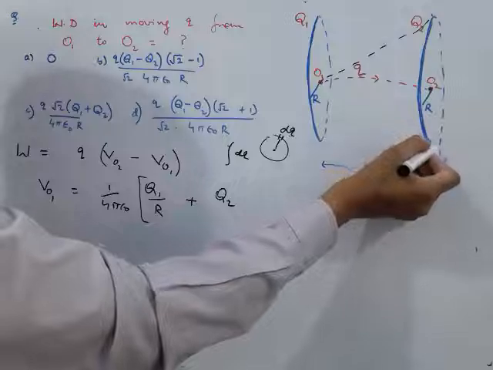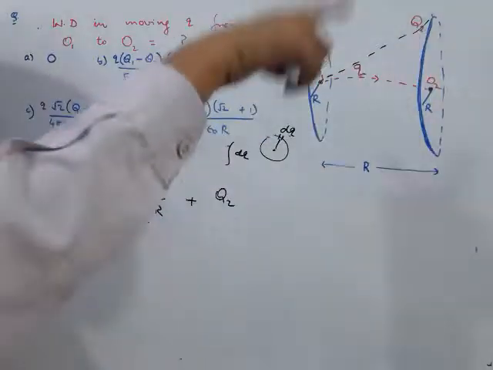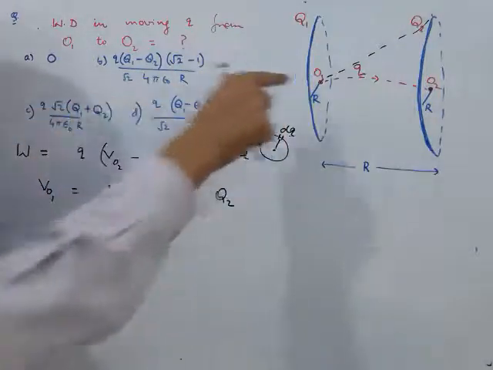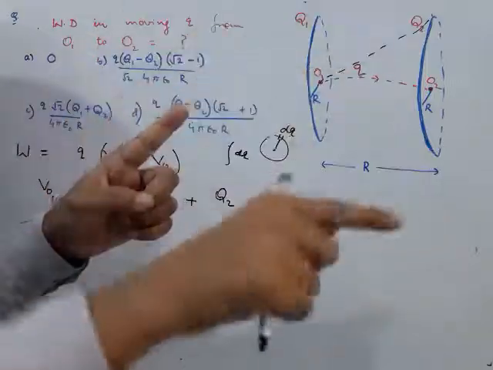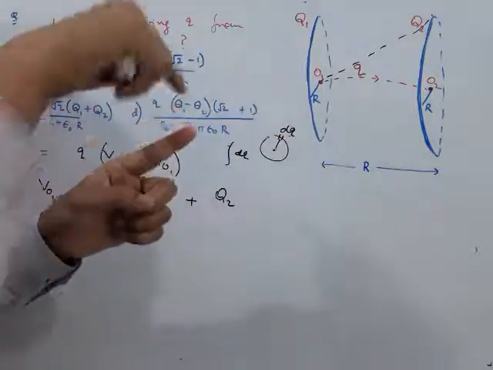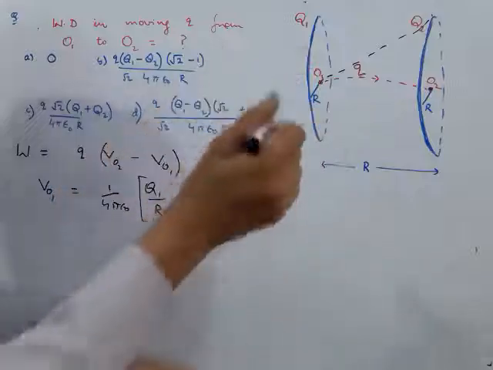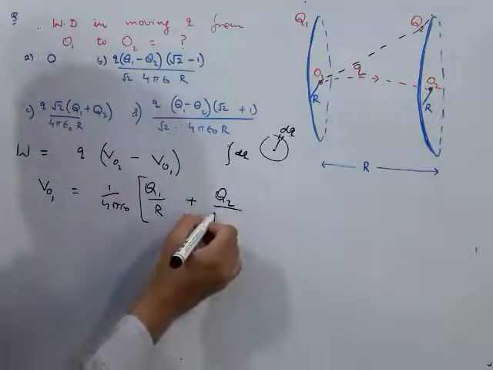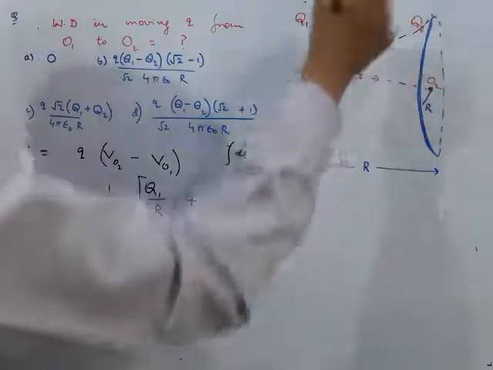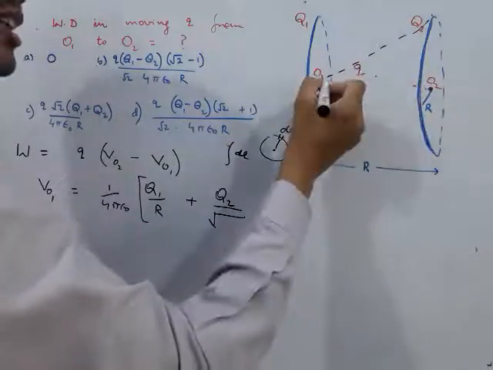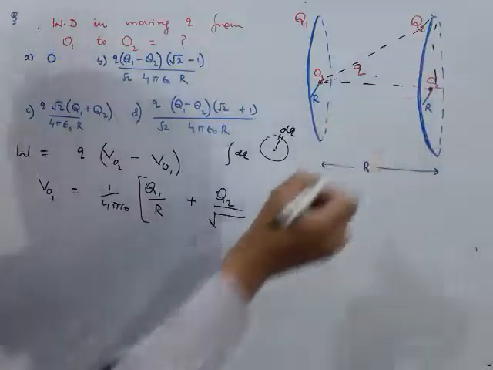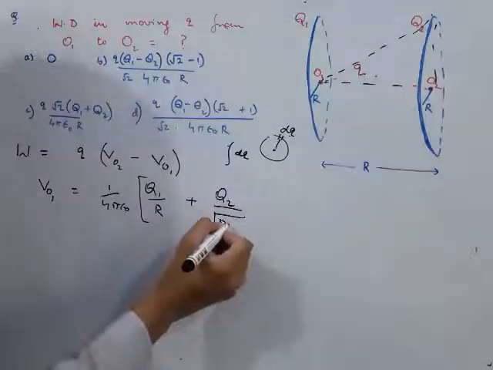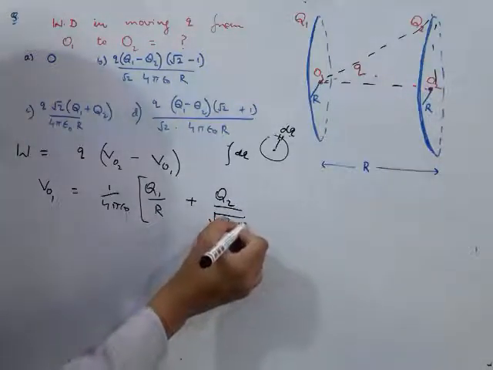This is in the form of a ring, and on its axis this point O1 is lying. So all the points on the ring are at equal distance. It forms a cone-like structure. That distance will be how much? Using the Pythagoras theorem, root under this square plus this square. Now this is r, this is also r. So root under r square plus r square will be the answer.